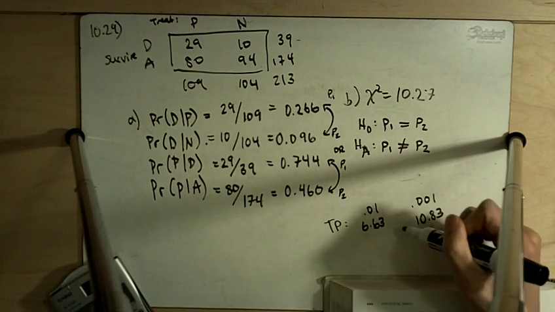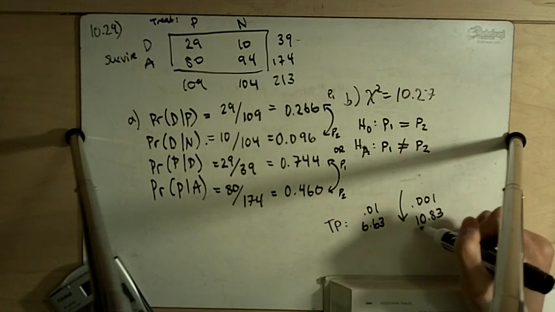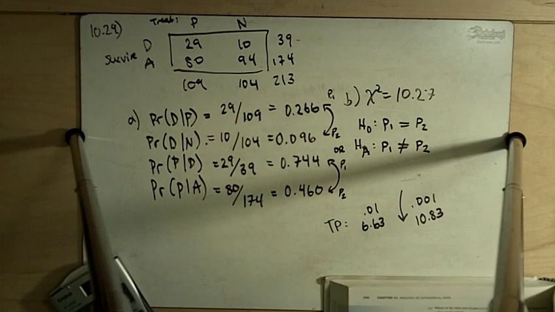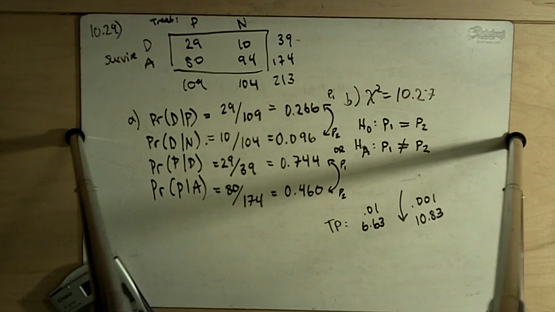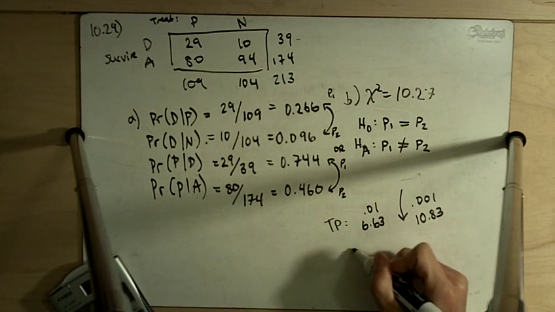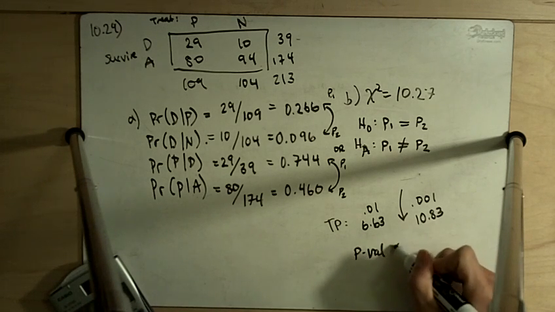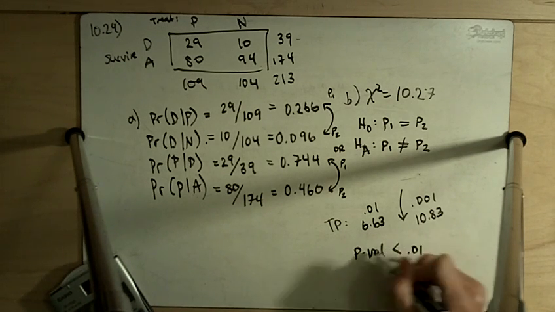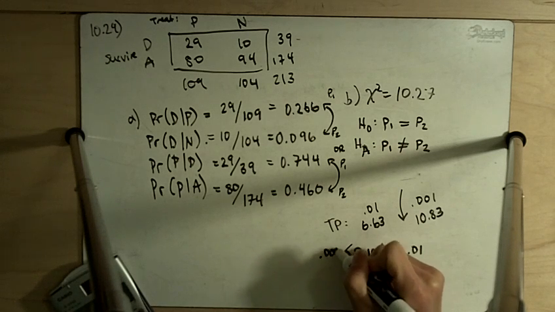So the tail probability is probably going to be closer to 0.001. Because it's a non-directional alternative, the tail probability is the p-value. So our p-value is going to be less than 0.01 but greater than 0.001.